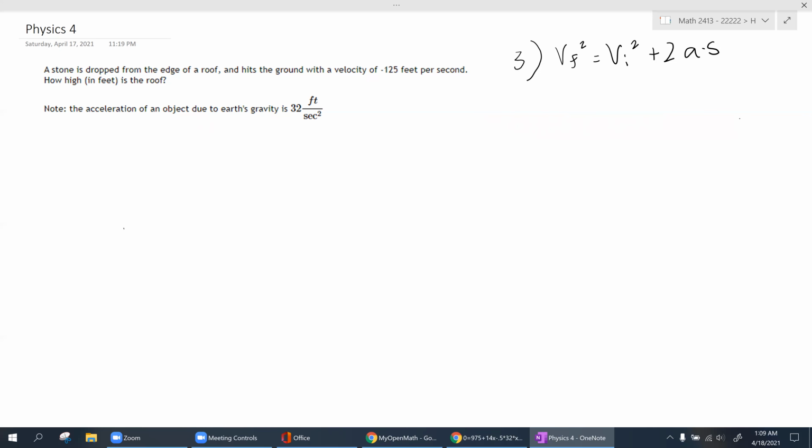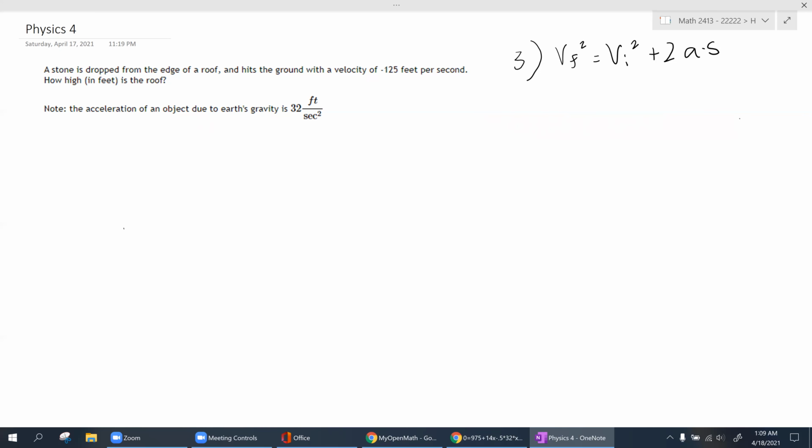We already introduced the first two. The third one is a function that is not dependent on time. You only need position, acceleration, and velocity. You don't need time to find either.